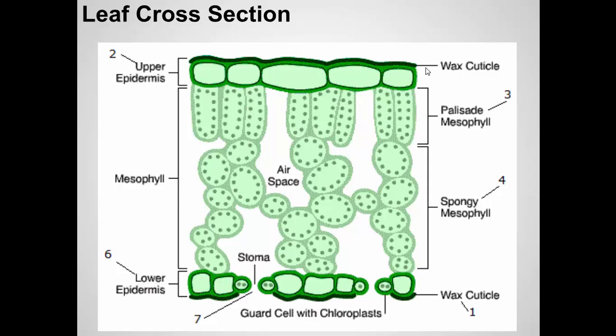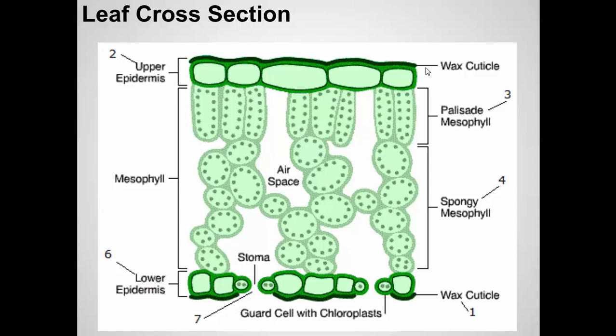The upper portion is called the palisade layer. It has these sort of rectangular, elongated vertical cells. And then there's the spongy layer, which has a lot more gaps in it. There's also these structures, they're called stoma, sometimes called stomates, which act as openings that lead into the plant, into the leaf.